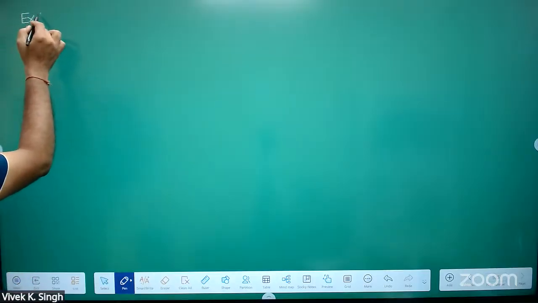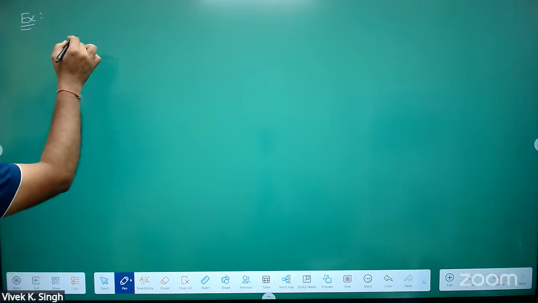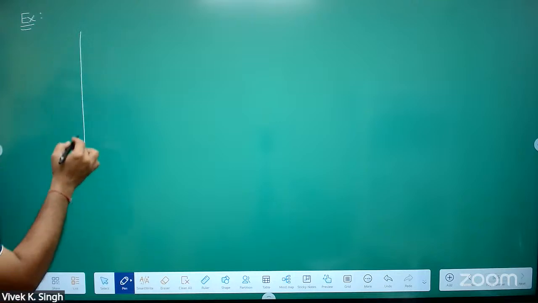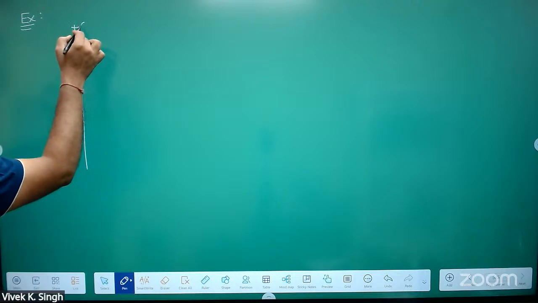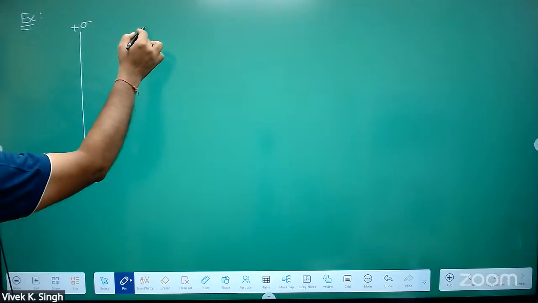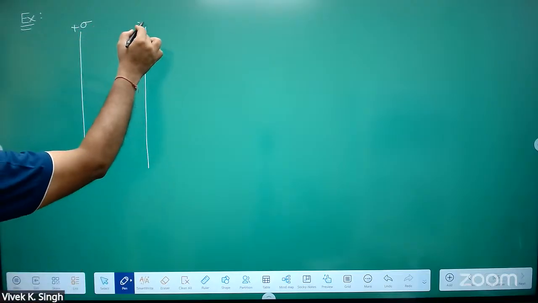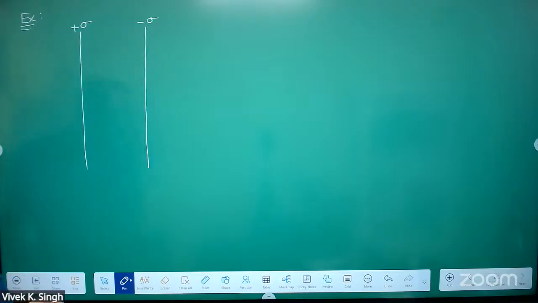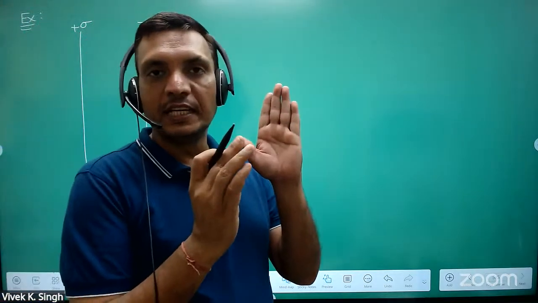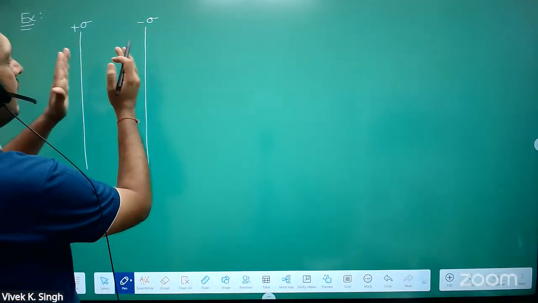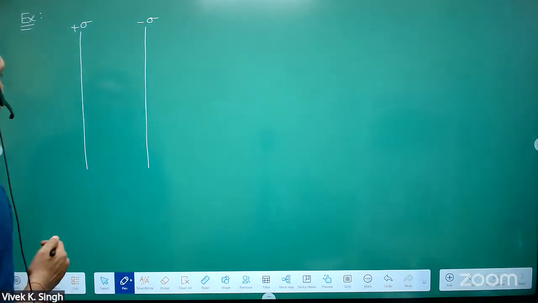Based on this, one is plus sigma, another is minus sigma. These are two infinite sheets placed parallel to each other.